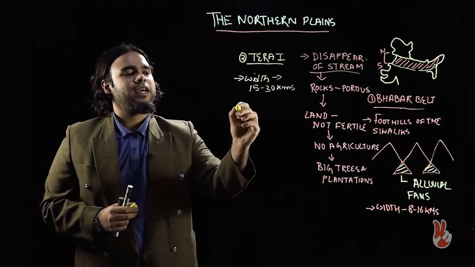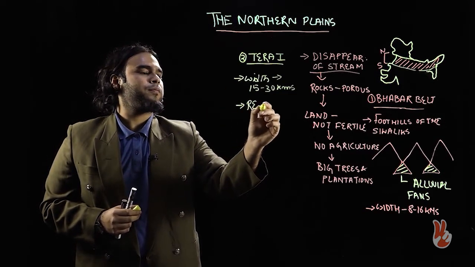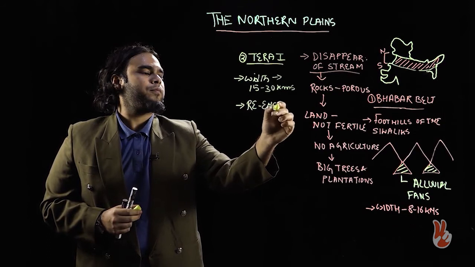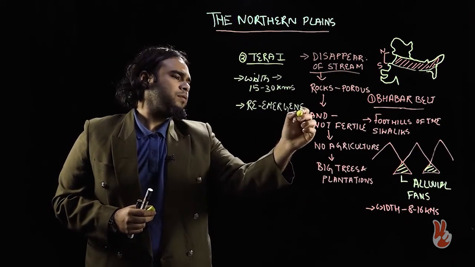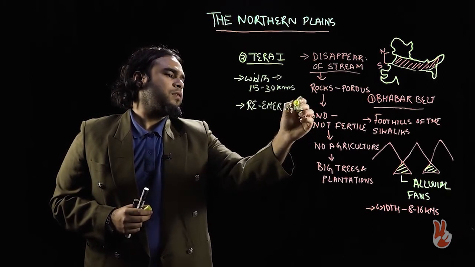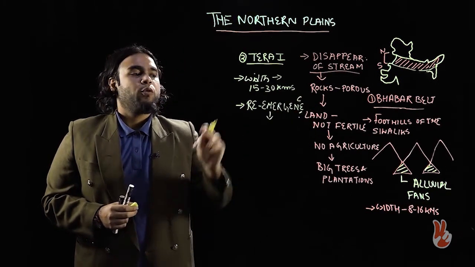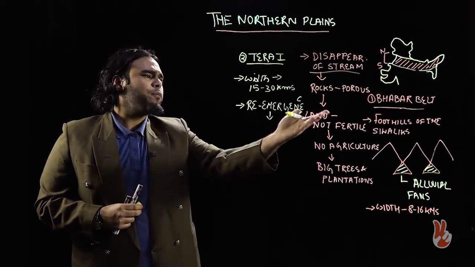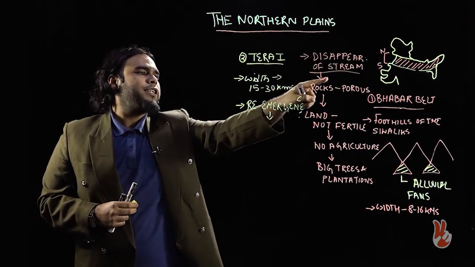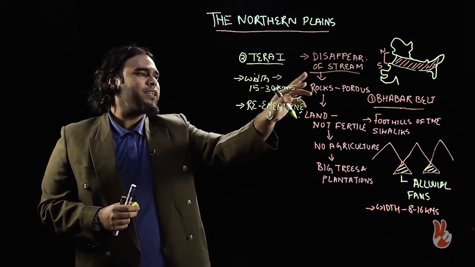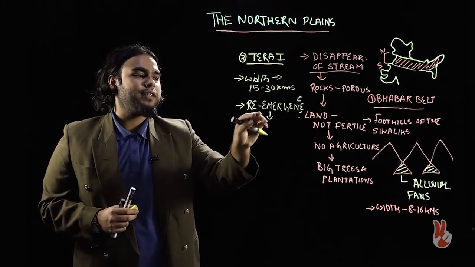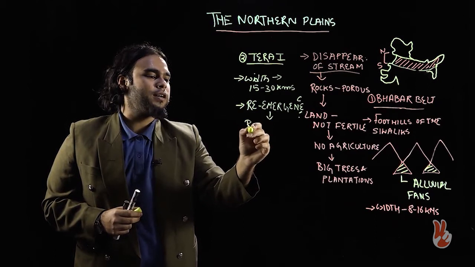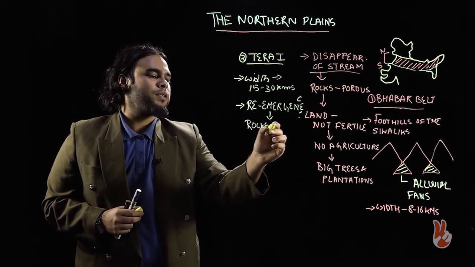In case of Terai, there is re-emergence. Okay. Why is there re-emergence? In case of the Bhabar belt, as you can see here, there was disappearance because the rocks here are porous in nature. In case of the Terai belt, there is re-emergence because the rocks here are non-porous.